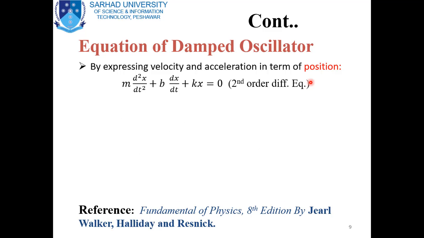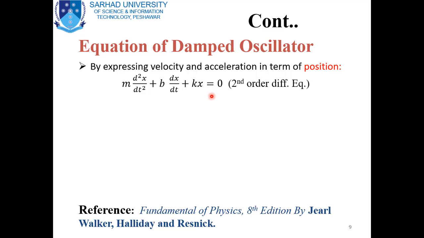So our equation will be m, and for a we write the double derivative of position with respect to time, plus the damping constant b times the velocity, which is the single derivative of position with respect to time, plus Kx is equal to 0.